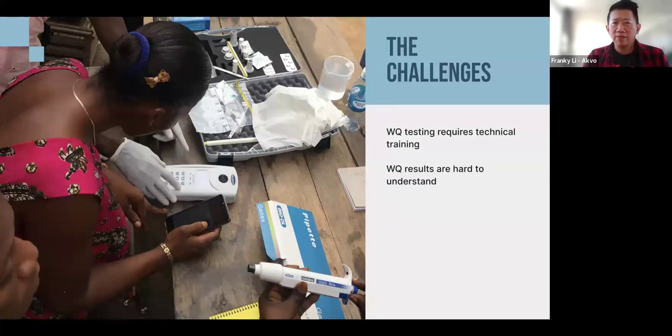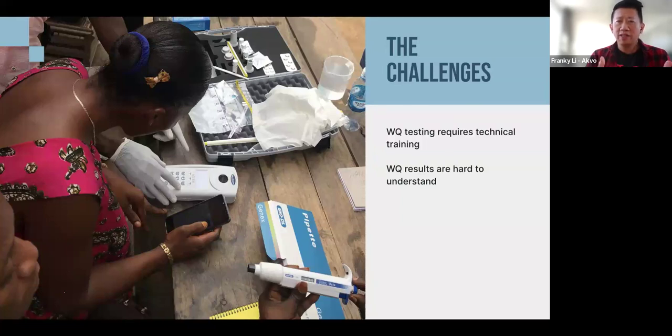I like this image because it helps to show that water quality testing is not that simple. It requires technical expertise. In fact, where I'm from in Canada, in order to do water quality testing, you have to be certified and go through quite a rigorous training process.